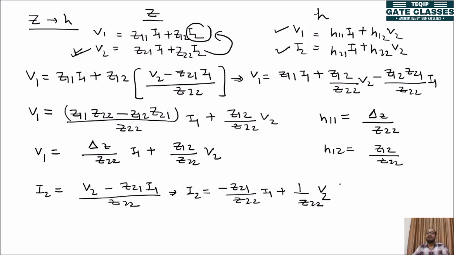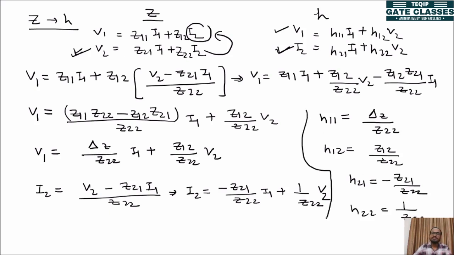Now you can clearly understand that if you compare this equation with the second equation of the h parameters, you get h21 is equal to minus Z21 divided by Z22, and h22 is equal to 1 by Z22. So now we have the relationship between h and z parameters also.